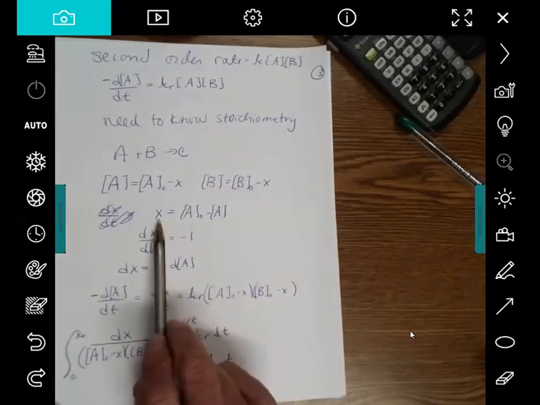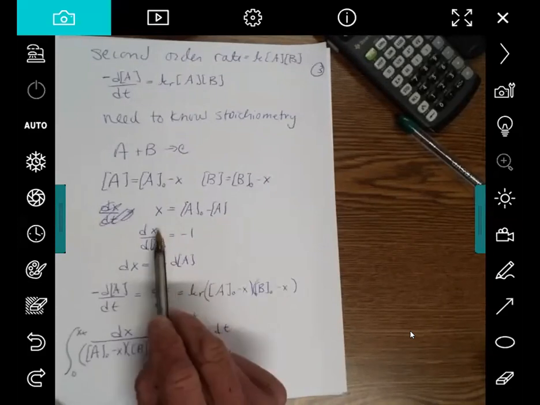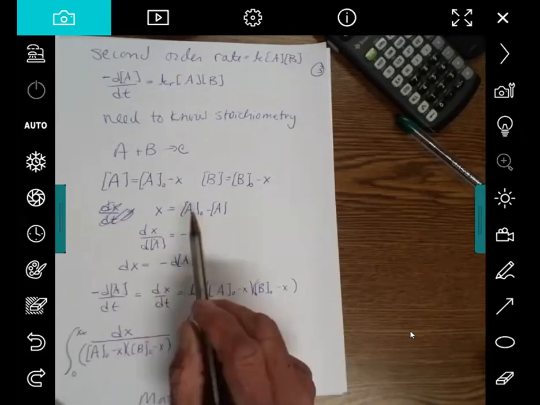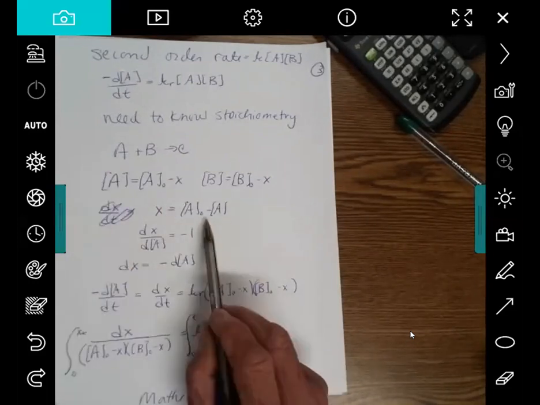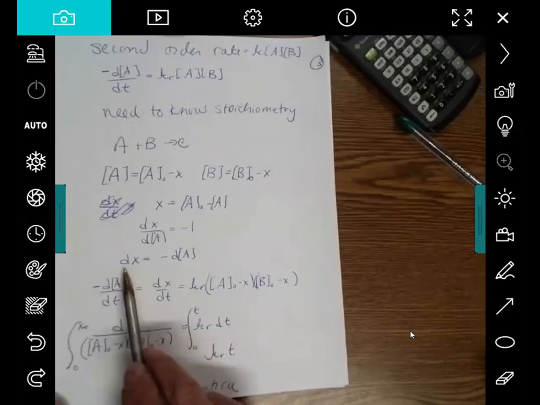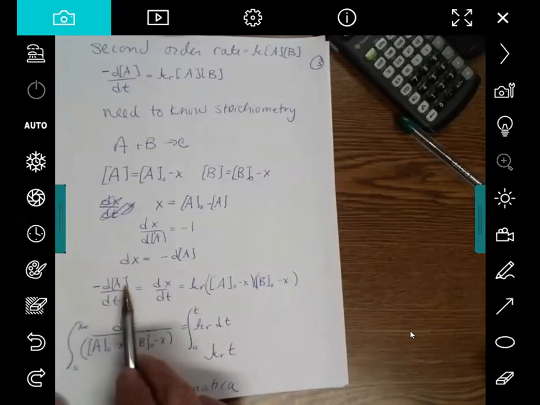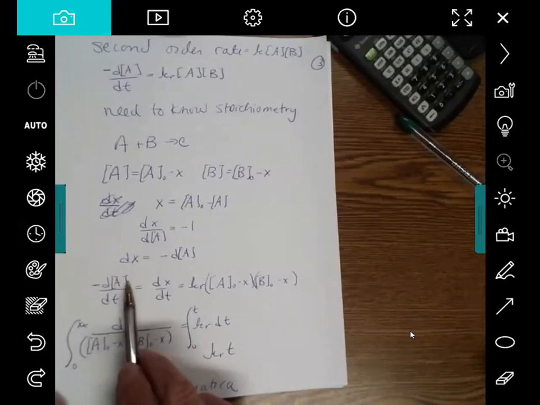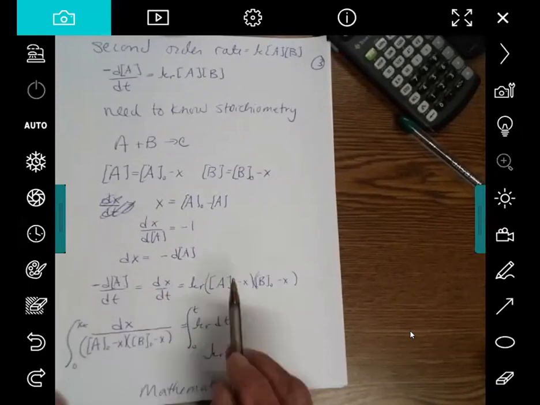So if I rearrange and solve for x, then I can see that dx/dA equals -1. So if I take the derivative of x with respect to A, you get -1, and therefore dx equals negative dA. So where you had a derivative with respect to A, you're going to replace it with a positive derivative of x with respect to time.